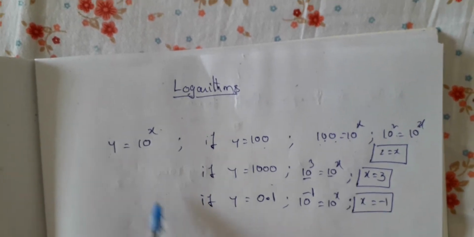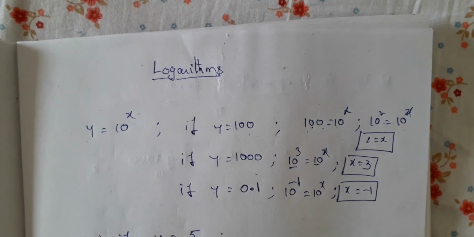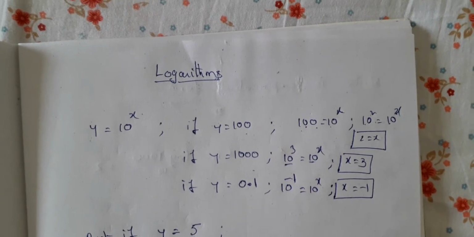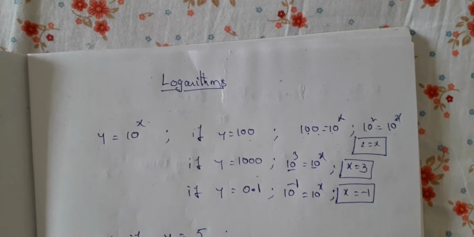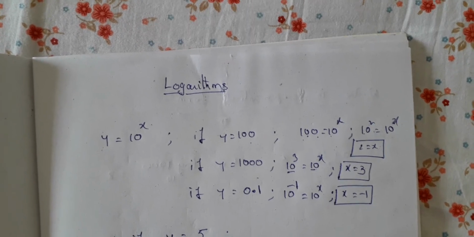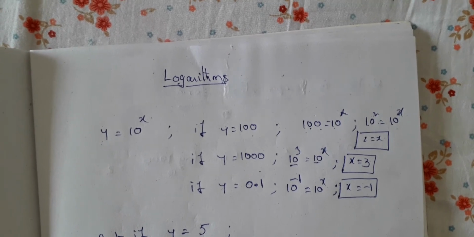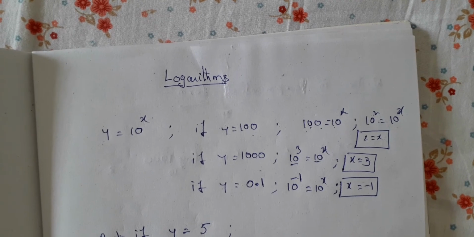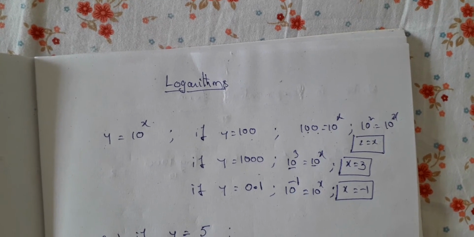So in all these cases, it's very easy for us to find x. That means if 10 is raised to a particular value and we know the outcome, it is very easy to understand the value of x and the value of y.